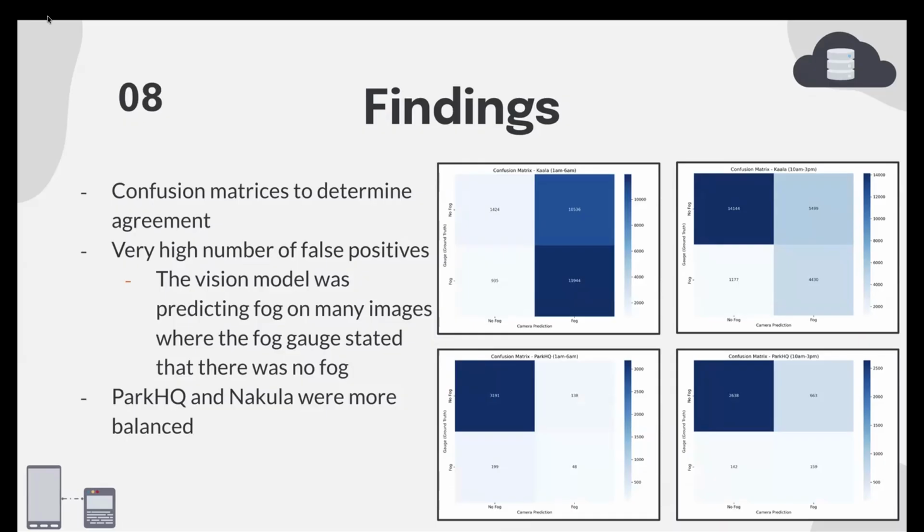And this would happen very often throughout the hours of 1 a.m. to 6 a.m. And then it would get a little better from 10 a.m. to 3 p.m., which is the image on the right. And then below that is an example of a site that the model performs pretty well on, which is Park HQ. We can see that it reliably picks up no fog, no fog, and then the other three quadrants are relatively good.